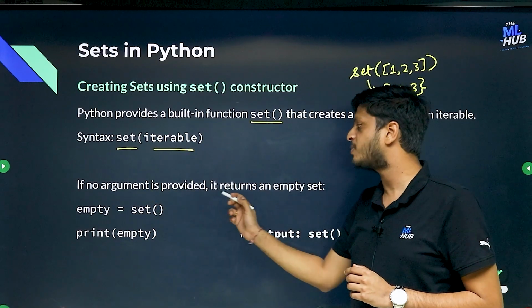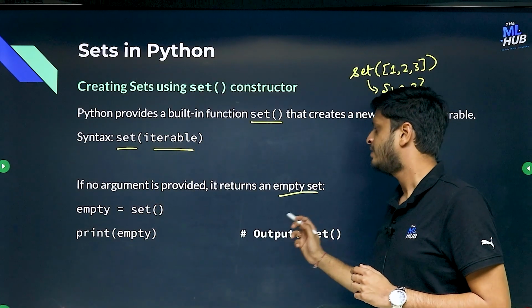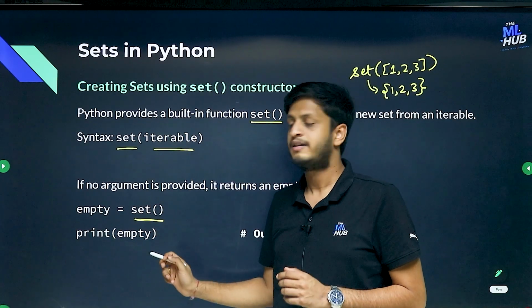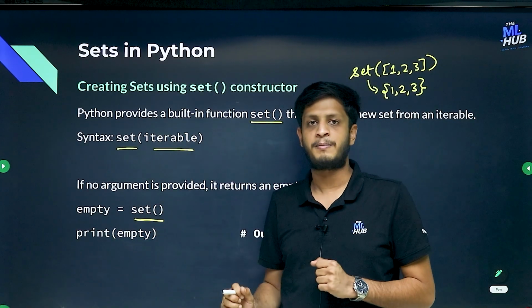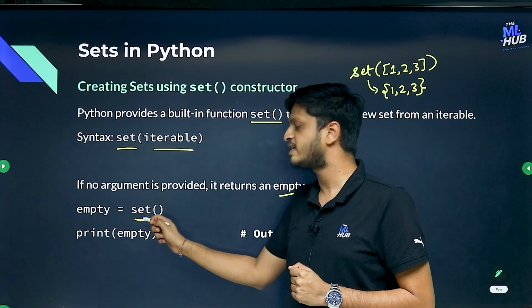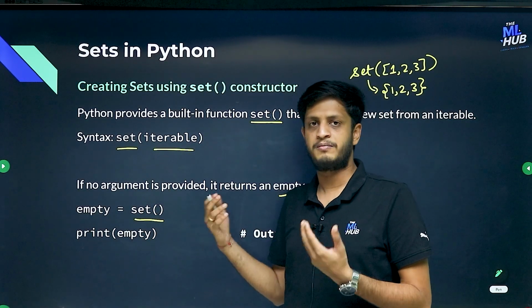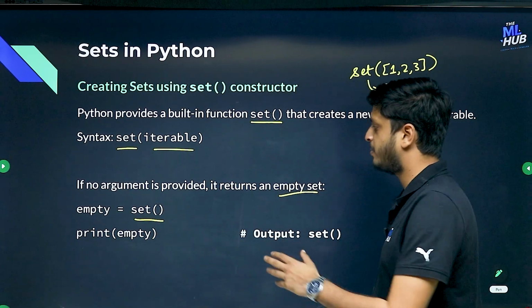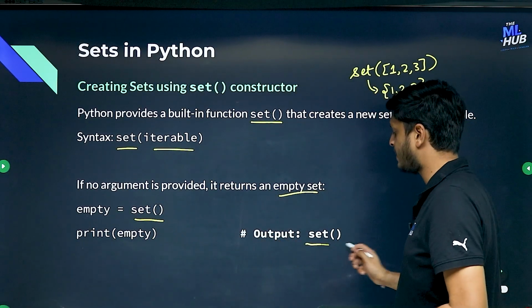And if no argument is provided, it returns an empty set. So if you provide no argument to the set function, it will give you an empty set. This is how you can create an empty set in Python. You cannot do it using curly brackets. You have to use the set constructor, and you can just not provide any argument and it will create an empty set. So if you print empty, the output will be set().